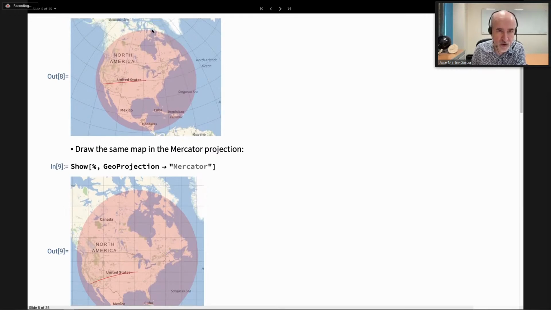Notice that it goes to exactly the same points in the map, just that the map is deformed in a different way. So this is going to be a constant during the whole talk, and it's a very important choice always to make when drawing a map. That is the choice of GeoProjection.